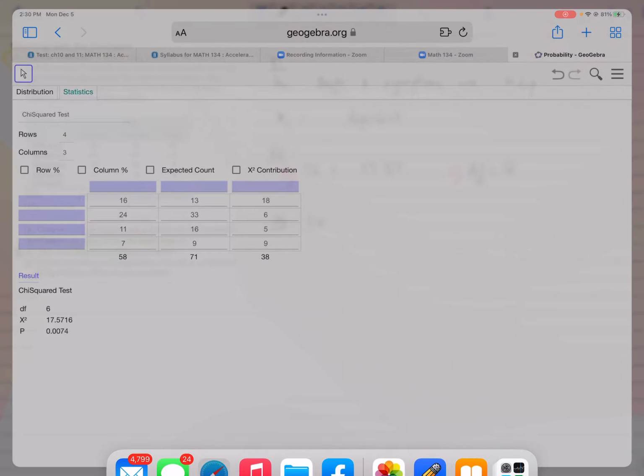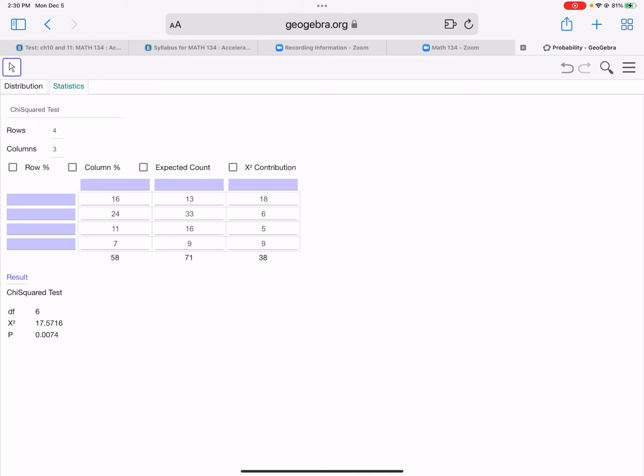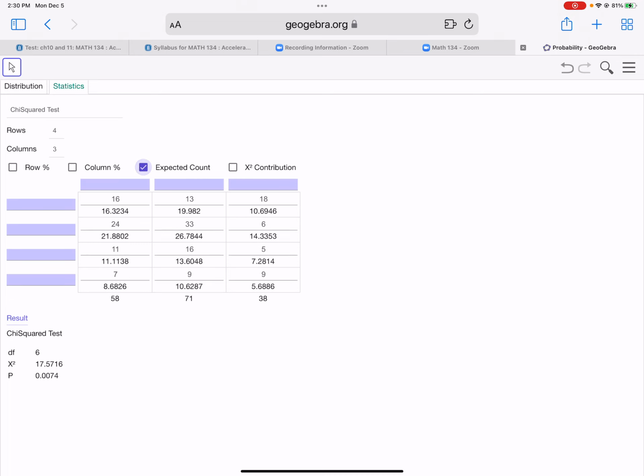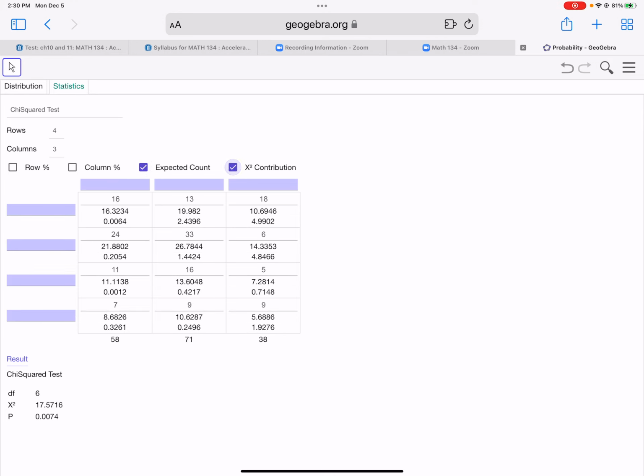Right here, if you want to get the expected frequency in GeoGebra, you can see the word expected count. We just go ahead and click on it. Okay, then we will get this. And if you are curious, just click on the other options to see what happens.